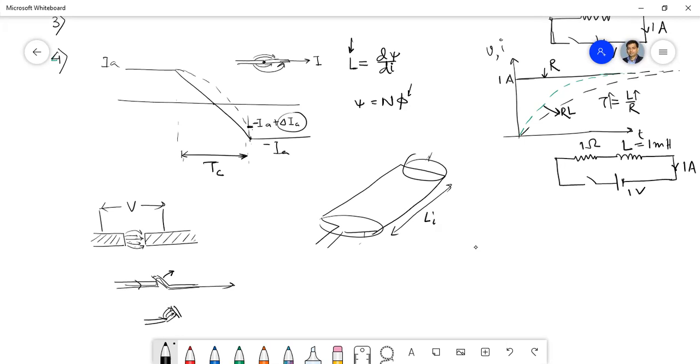Have you seen that? This spring inside the switch creates some mechanical delay in opening the circuit, so that the current gets some time to become zero.